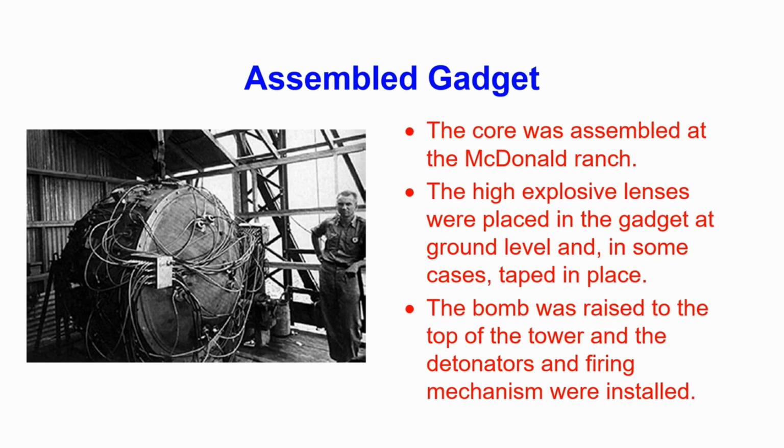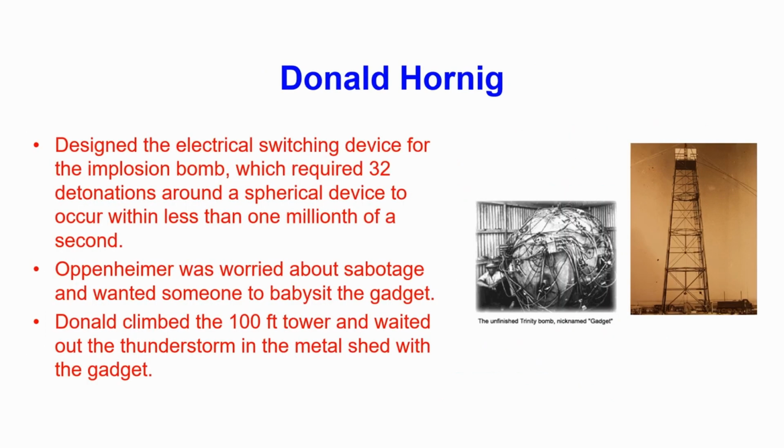Now, one of the things that is interesting about this whole thing, if you like to find people who were involved, remember Donald Horning, the gentleman who turned them down first until he got a phone call from the president of Harvard.